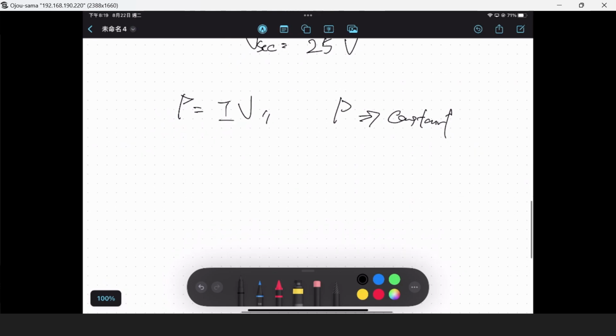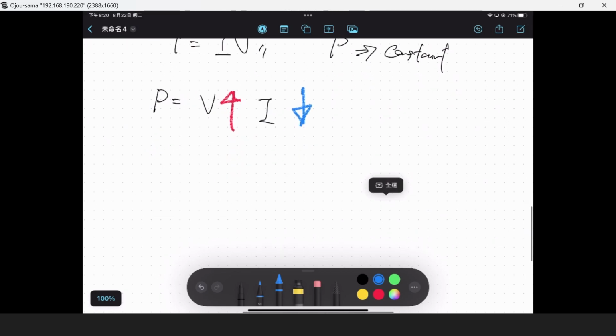So if power is constant and voltage is increased, what will be I? I must decrease, right? Yes. Put it back in our formula. I'm lazy, I just use N2 and N1, V2 and V1, you know what I mean.